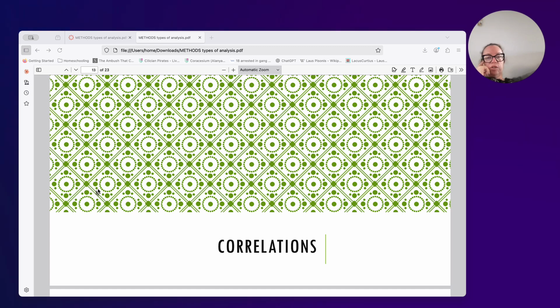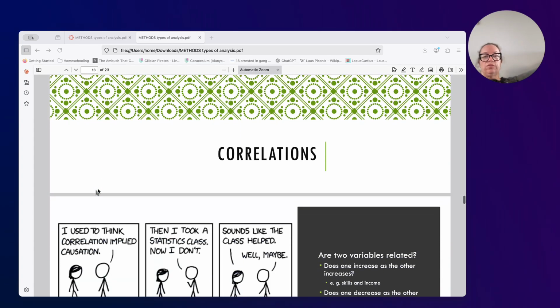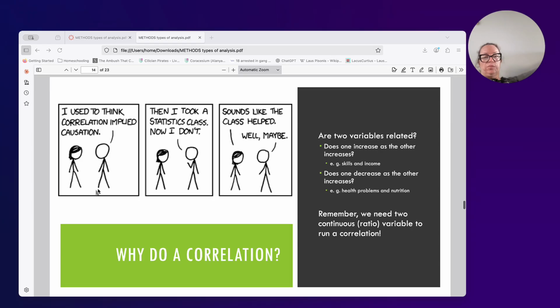So if you ever heard anybody starting a sentence by saying these 2 groups are correlated, there's no such thing, right? It's not right, because we can't correlate groups. We can only correlate variables that are continuous.